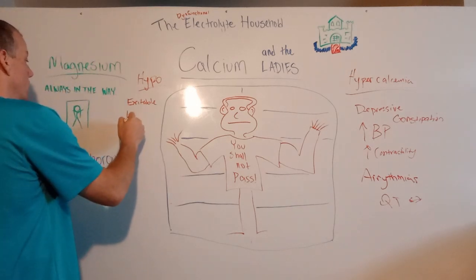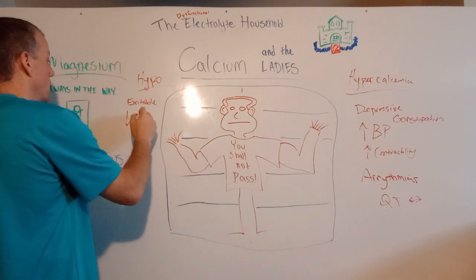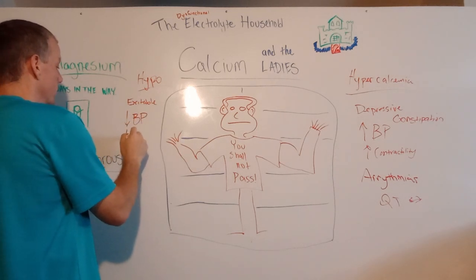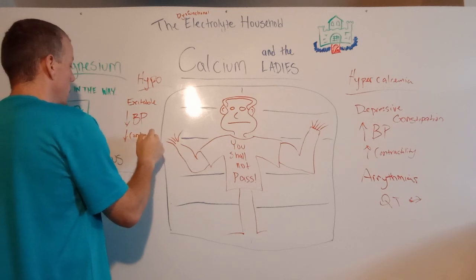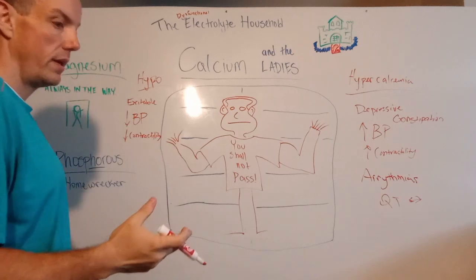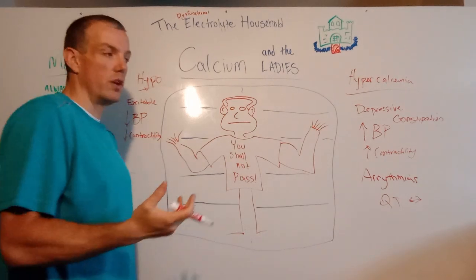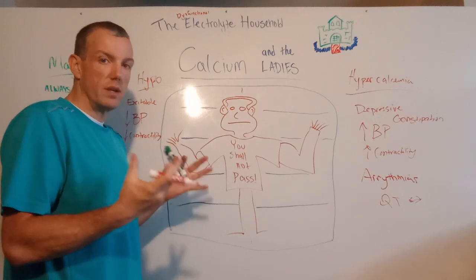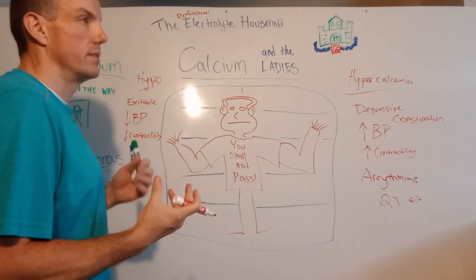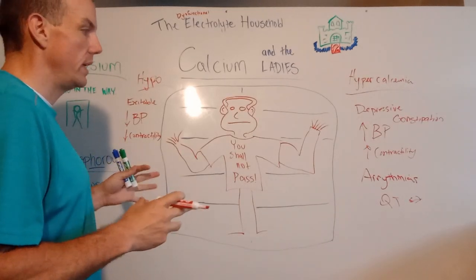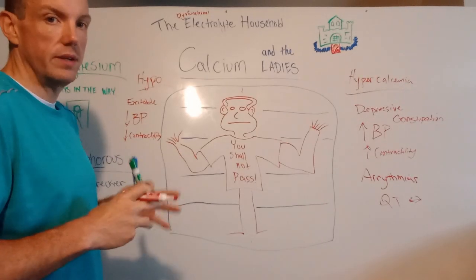You also get a little bit of the reverse in the heart, because you get reduced contractility. Like I said, since the heart is not innervated by nerves as much and more self-regulates whether it's going to beat or not, it is greatly affected by calcium levels in the amount of contraction that it does.